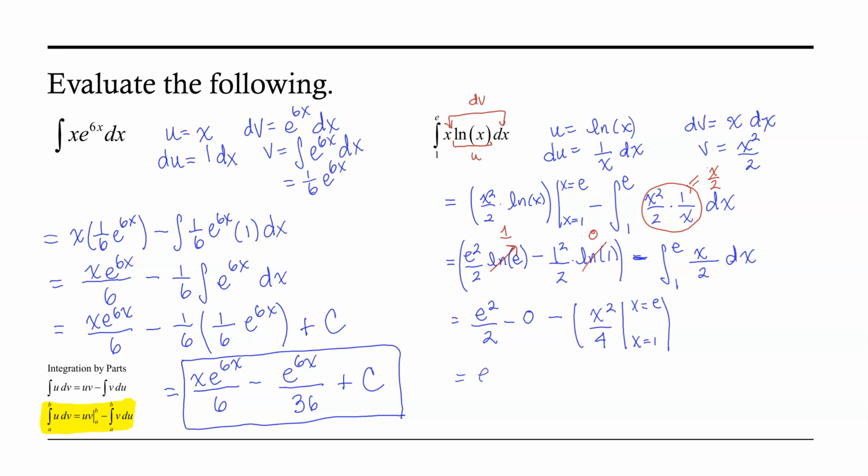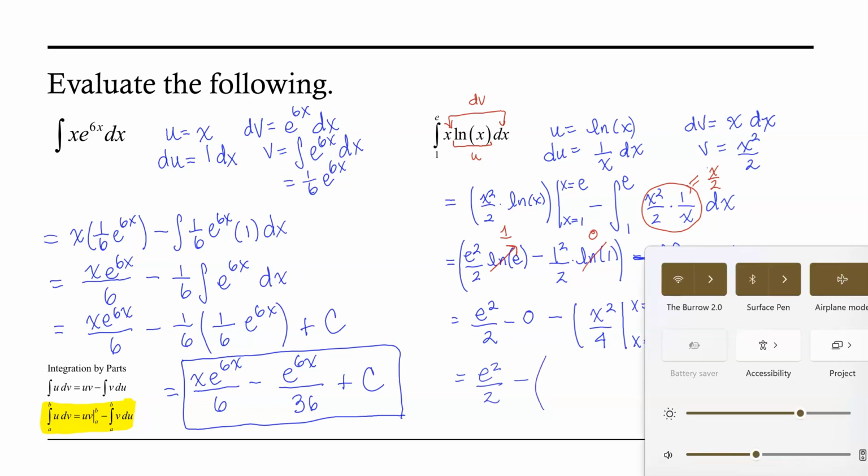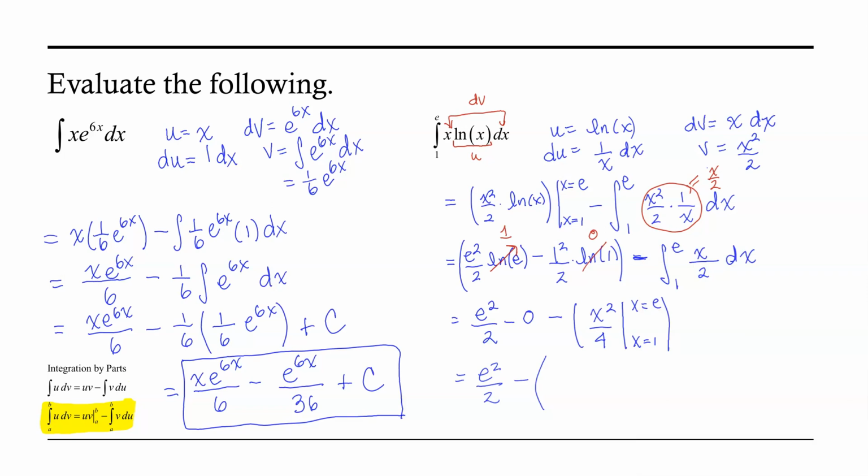So we have e squared over 2 minus, and now we're going to do that substitution. Substituting in e, we get e squared over 4 minus substituting in 1 squared over 4.